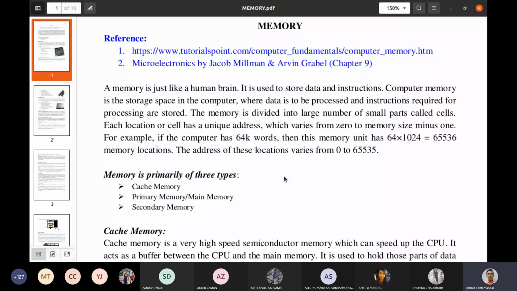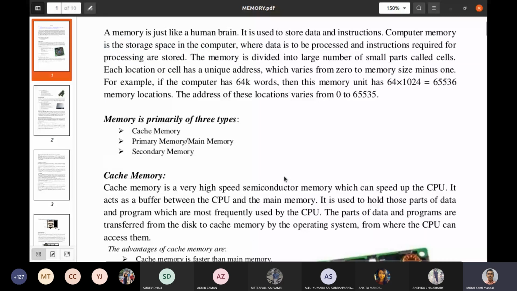First of all, we consider the primary or secondary and cache memory. These three different categories.